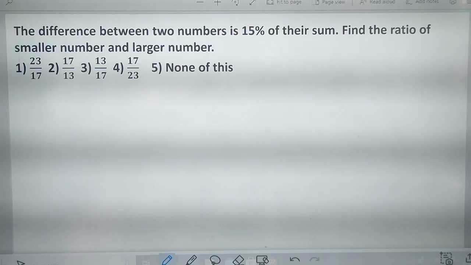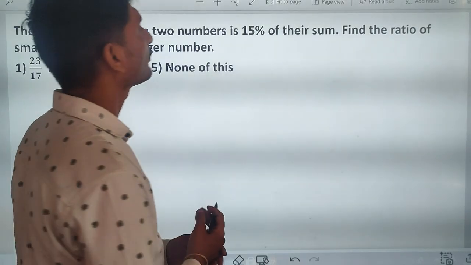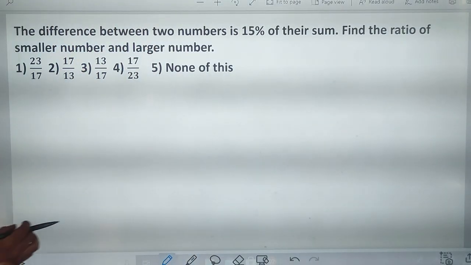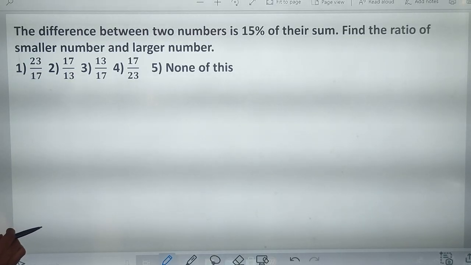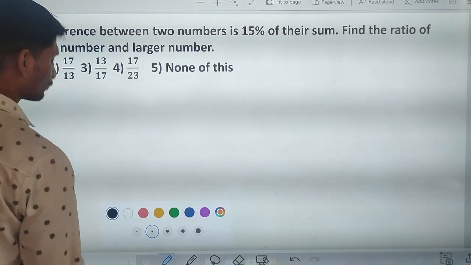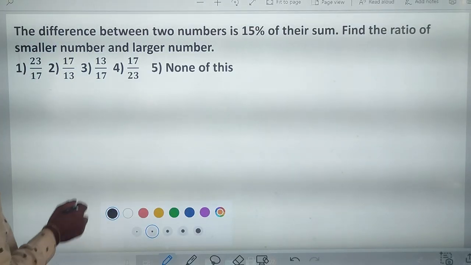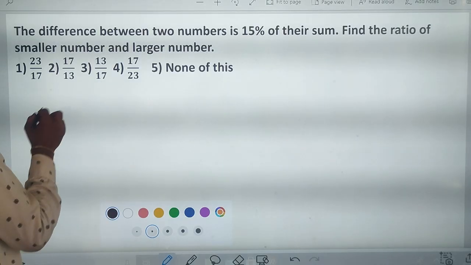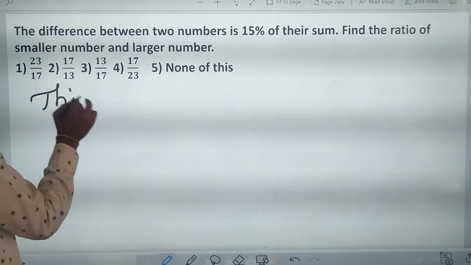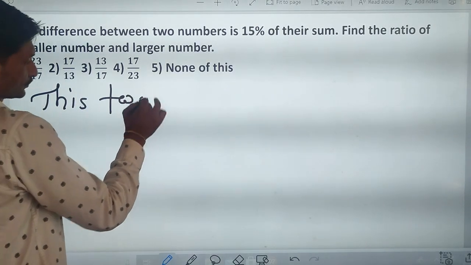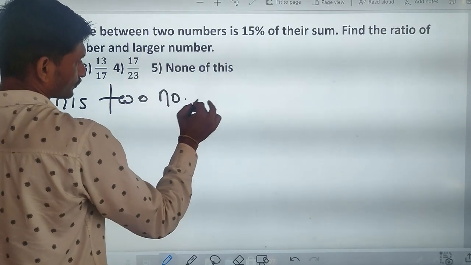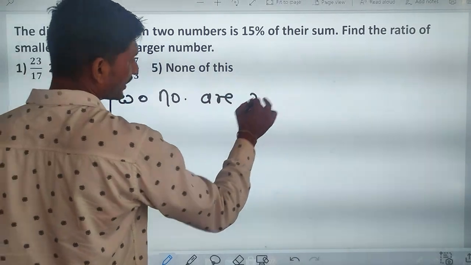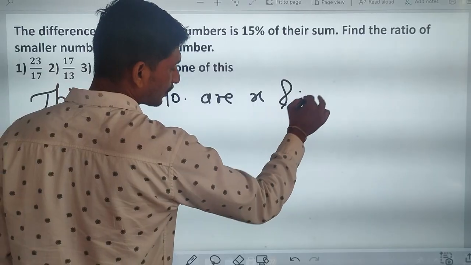If the difference between two numbers is 15% of their sum, find the ratio of the smaller number and the larger number. Let the two numbers be x and y.